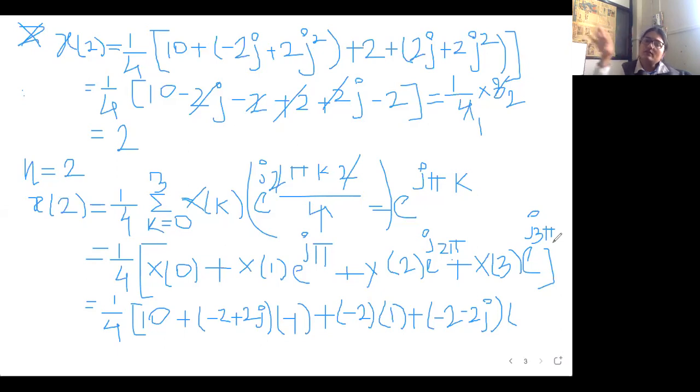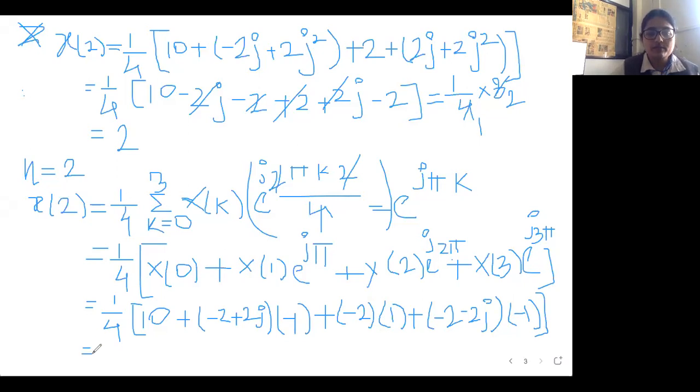But sin is always equal to 0. So the second part is 0. Sin 3 pi is 0, so 0 multiplied by j, the second term is 0. Only cos 3 pi remains. Alternate 1, minus 1 is coming, so cos 3 pi is equal to minus 1. So we will close this bracket by substituting the value of cos 3 pi.